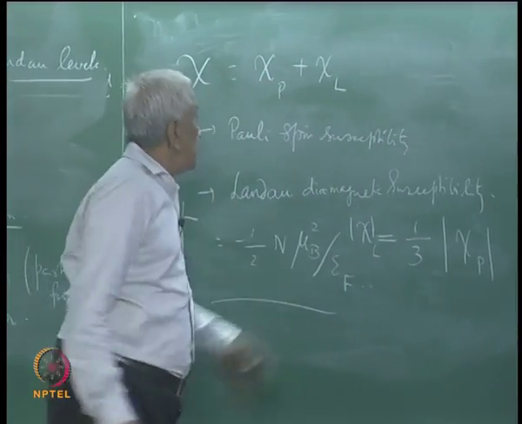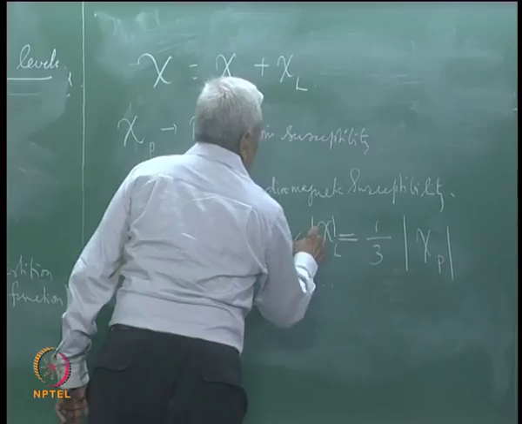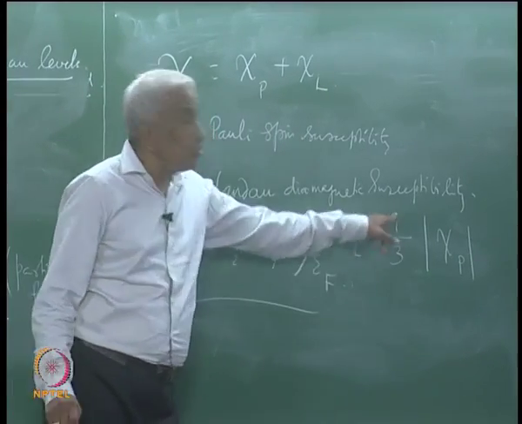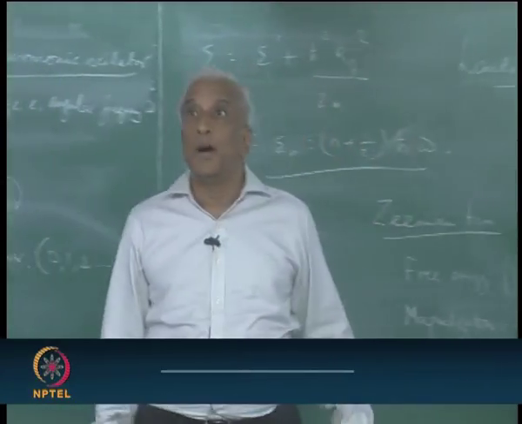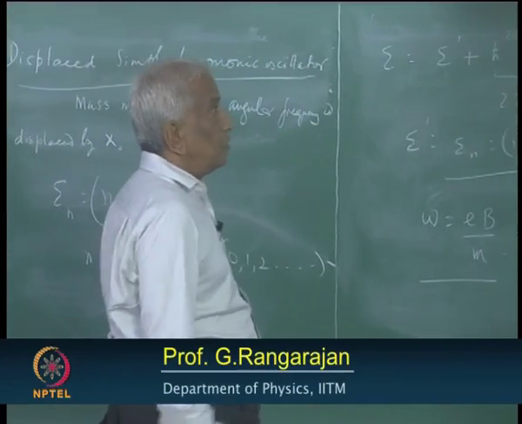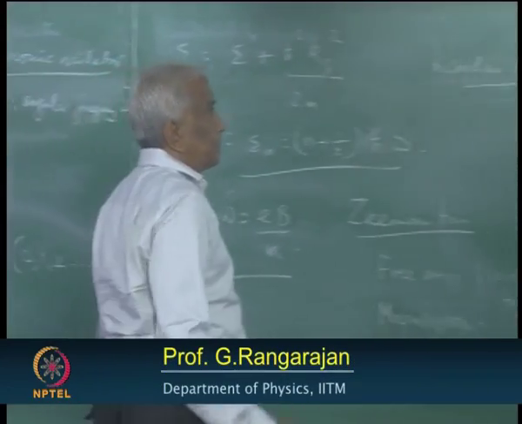So, the Landau susceptibility has a magnitude which is just 1/3 of the Pauli susceptibility. So, this is comparable to the Pauli spin susceptibility.